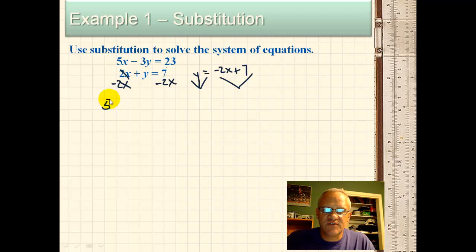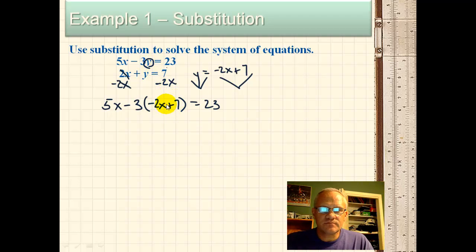I'm going to write that as 5x minus 3 times not y, but y is the same thing as negative 2x plus 7, so I'm going to write negative 2x plus 7 and then equals 23. So what I did was I substituted, there's the y, I substituted in its place negative 2x plus 7.